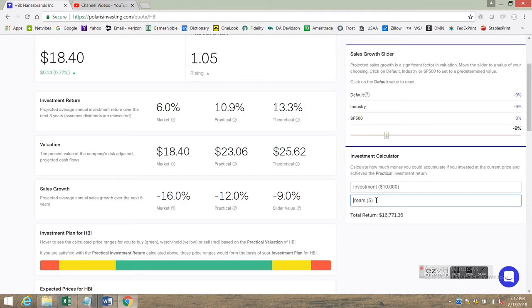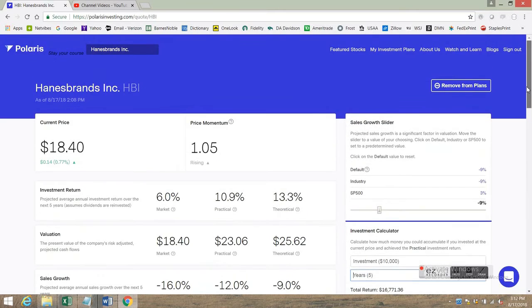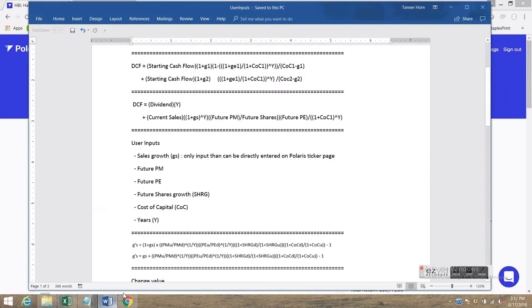That's one reason why this value here shows initially as 5, even though it's unrelated to the valuation. At least hopefully it will jog your memory if you're wondering how many years Polaris assumes a company stays in this initial volatile stage, and it is 5. So let's talk about how you would modify some of these.